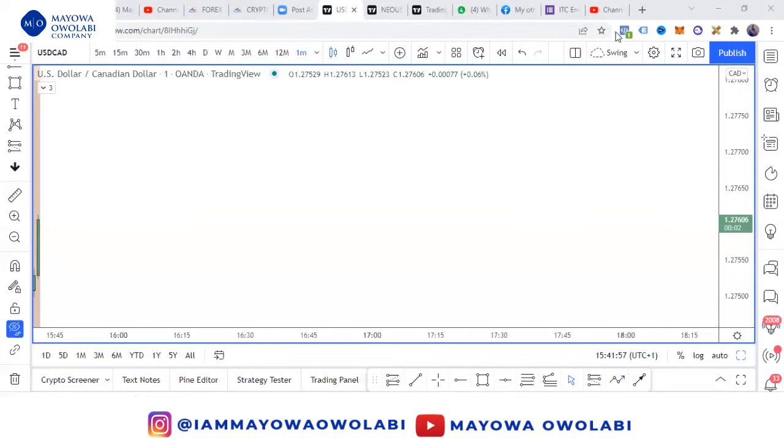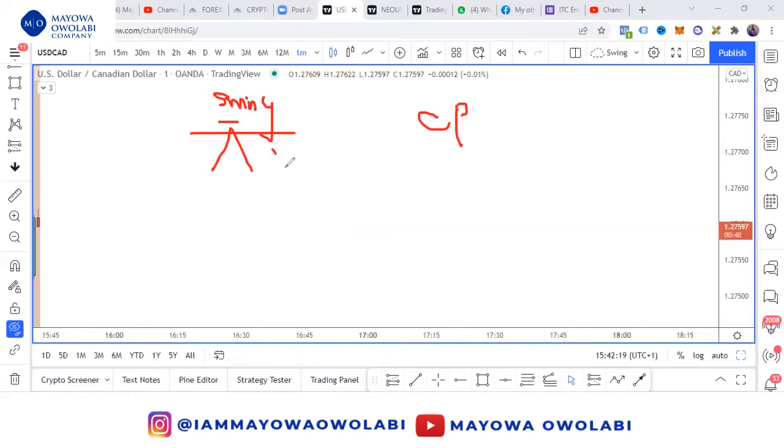So, in part 1, I showed you guys the 2 types of supply and demand. We have the swing, and we have the CP, which is the continuation. The swing has peak and valley, and the continuation has a rally-based drop or a drop-based rally.